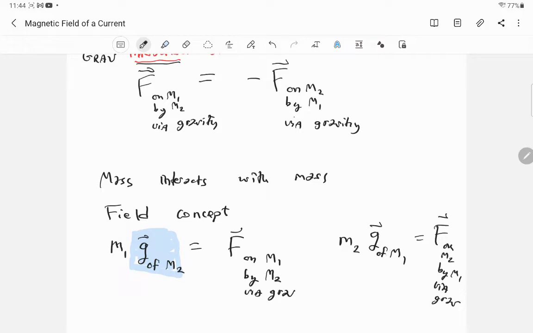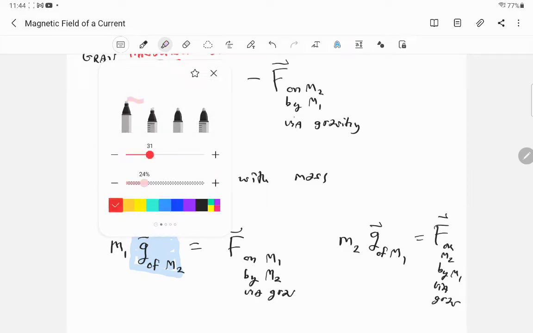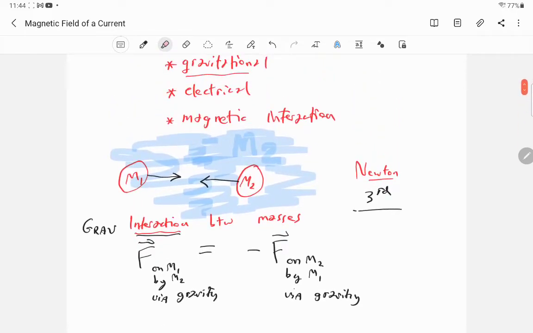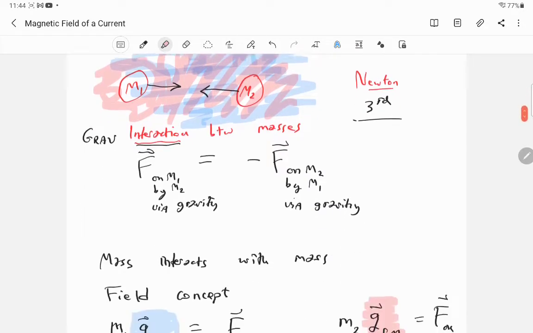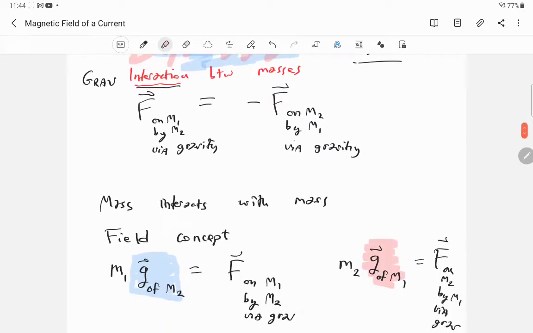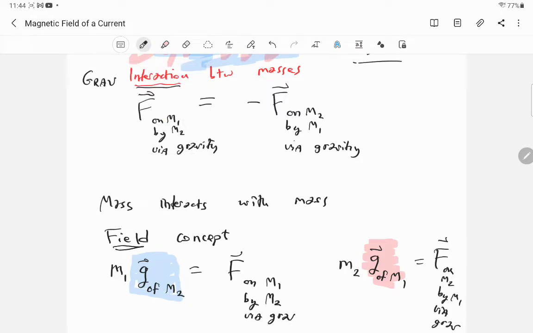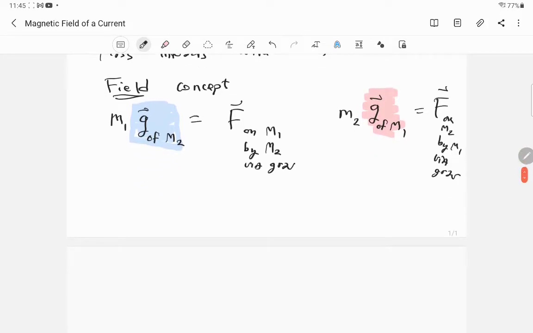Let's say that the gravitational field of M1, I'm going to indicate with red. M1 has a gravitational field that extends out into space, and M2 sits in it. So M2 feels a force because of M1's gravitational field. This is the sense in which there is a field concept. No big deal.